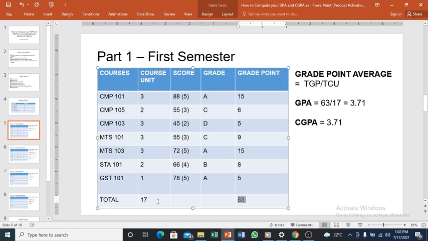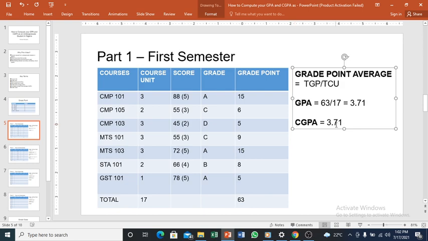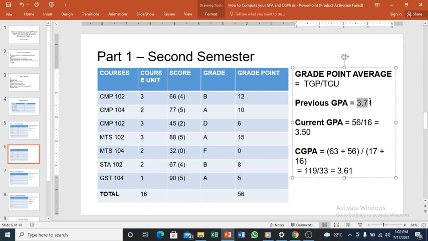Total grade point divided by total course units. We said the CGPA was still 3.71 because the only semester he has had is just one, so his cumulative remains the same. And then the current is 3.5 and the cumulative 3.61. So don't mistake them for each other.